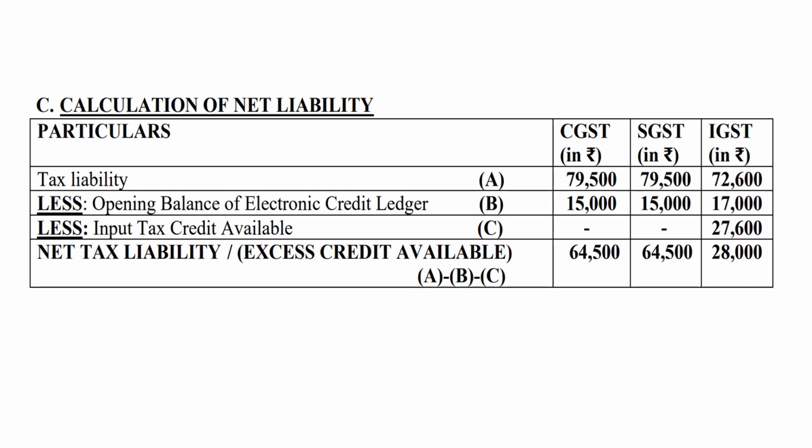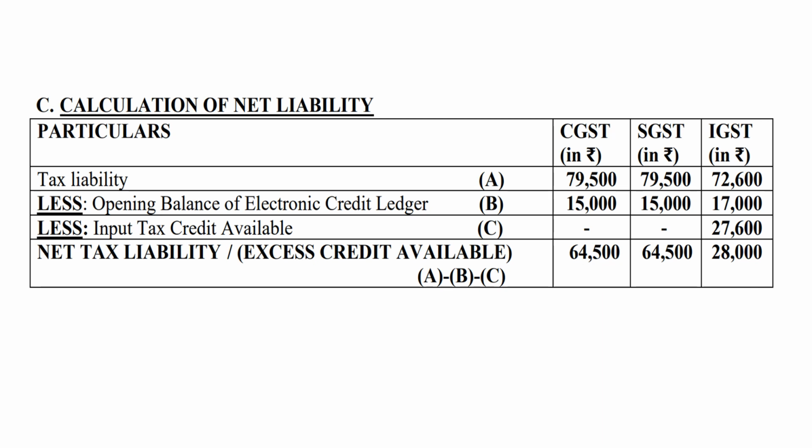Please don't directly copy paste whatever you have as input credit available, because it is from the opening balance itself, which we are writing over there. Many students make this mistake and get the answer wrong. So this will be your correct answer: the amount in IGST will be 27,600.